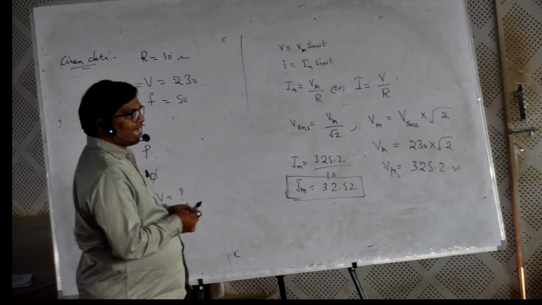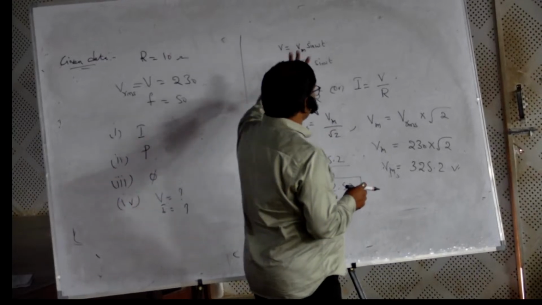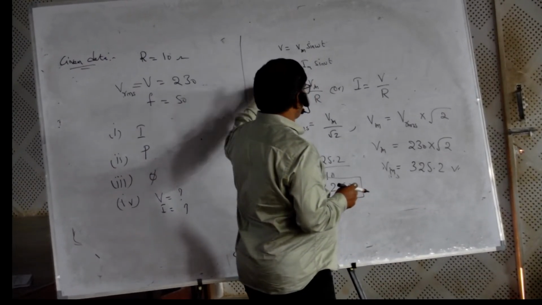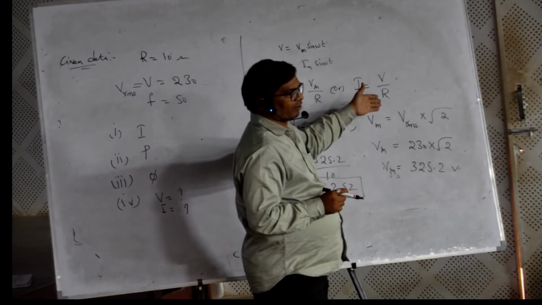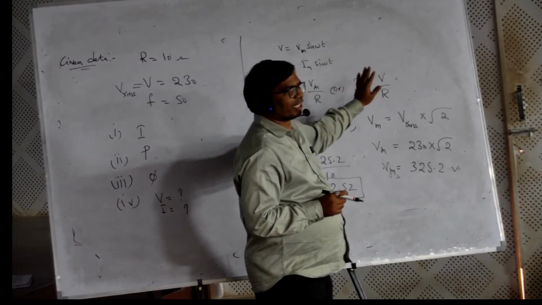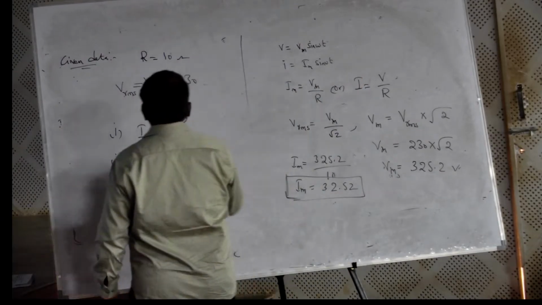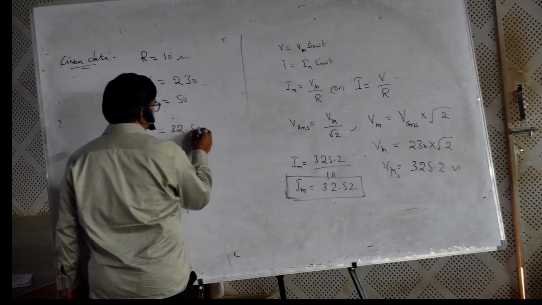This is the maximum value. So for the resistive network, whether you say maximum value or RMS value, it is the same: I is equal to V by R, or V is equal to IR, for the AC resistive network. So you can write this current as 32.52.